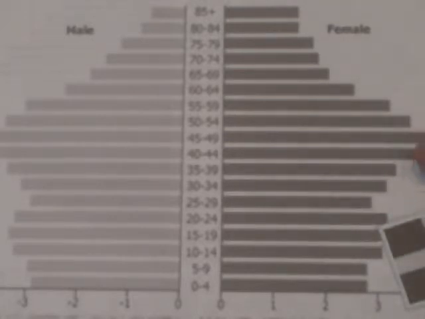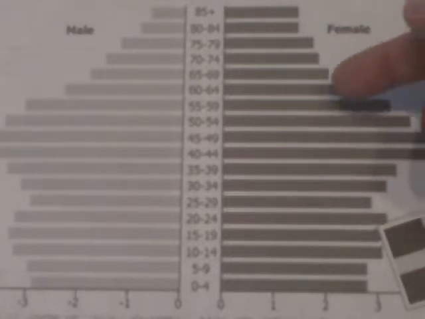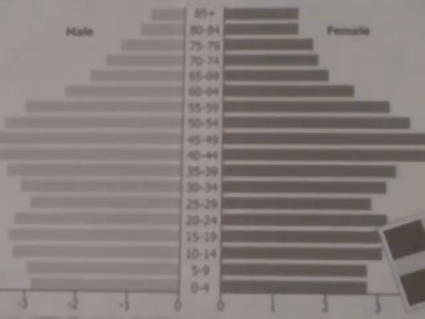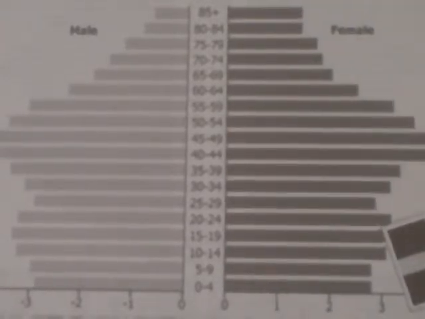As you can see, even though the population declines as it goes up, there's still a high population towards the top, the older they get. What can that tell you? They have proper health care. They have access to medicines and access to health care. They may have more hospitals. Even though it's a slow growth, it's a longer life expectancy. The longer the life expectancy, the more developed a nation will be.